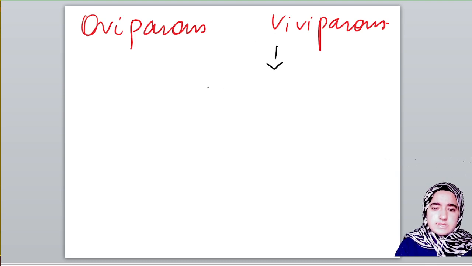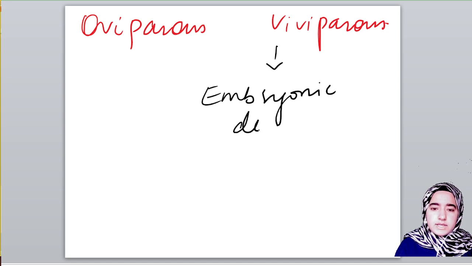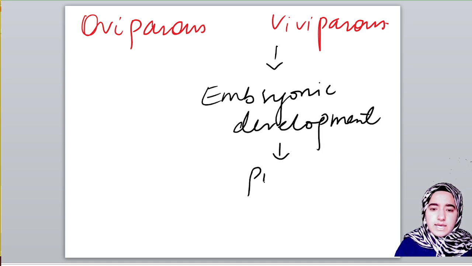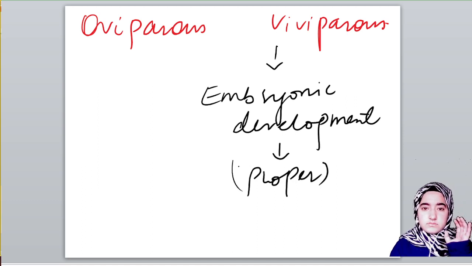And as I already mentioned, in viviparous, embryonic development is proper. And we can say that in viviparous, the zygote, the young ones are mostly safe, rather than in organisms in which fertilization takes place outside the body, externally.